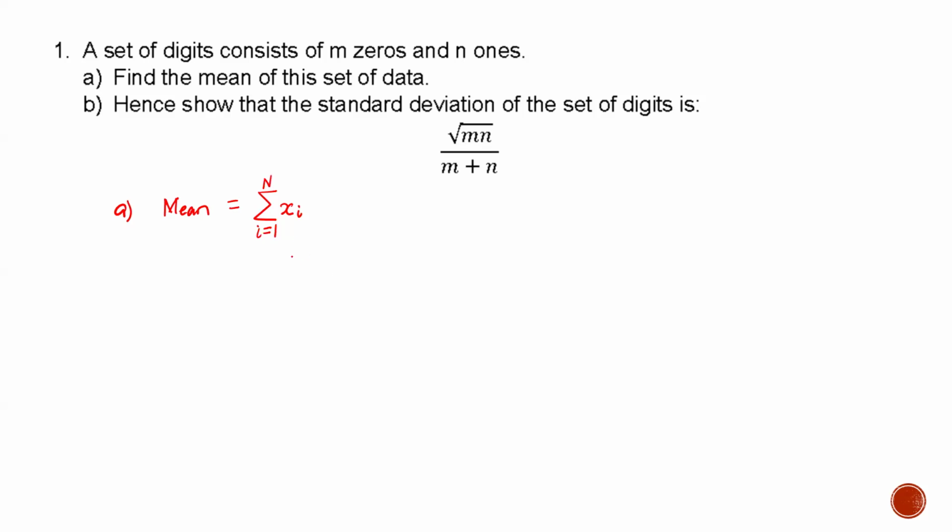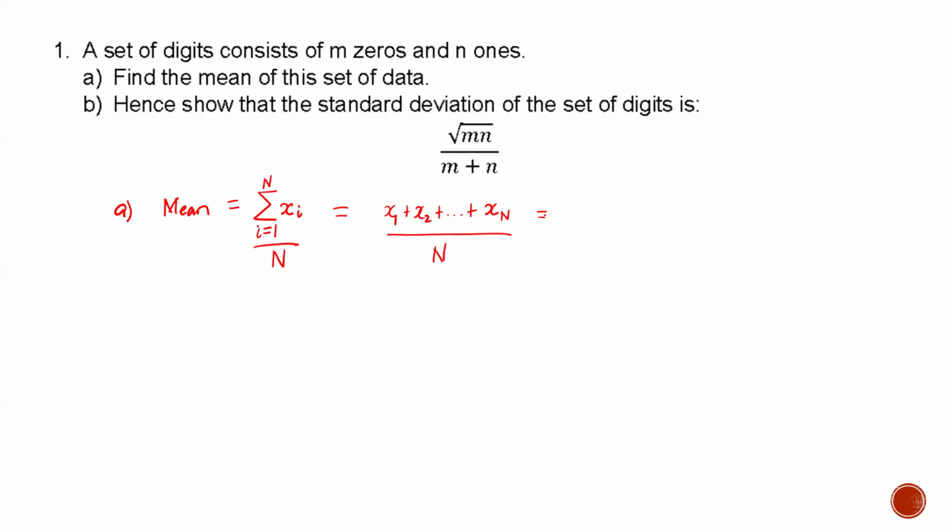If you have n items, the mean is in fact the sum of all the items, xi, where xi is an individual item, from 1 up to n. What this means is really just x1 plus x2 plus all the way up to xn out of n. So you have n items and you divide by the number of items, which is n.